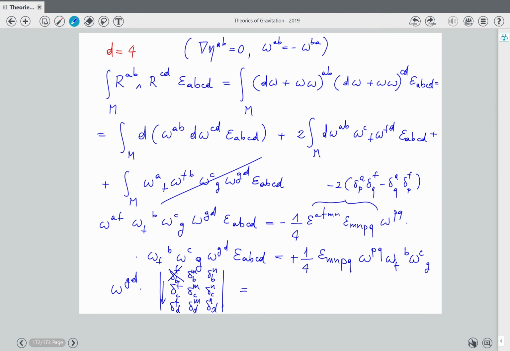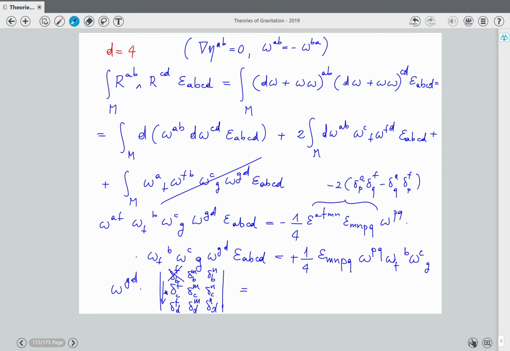And then there is a determinant FMN, BCD. Even if there were a wrong sign, overall it doesn't really matter. We want to show that this is 0. Okay? So delta FB gives nothing, so this gives nothing.